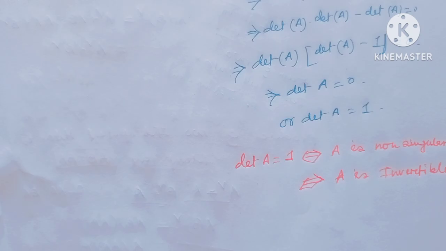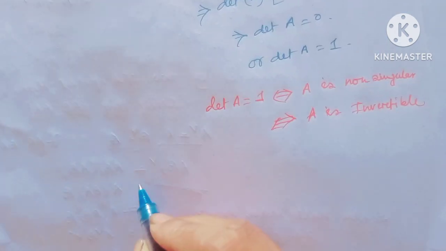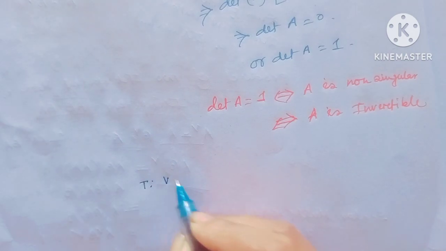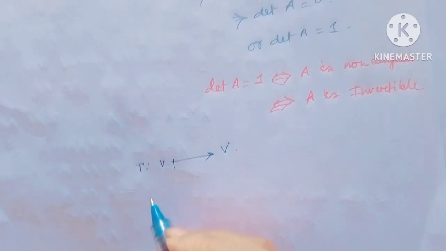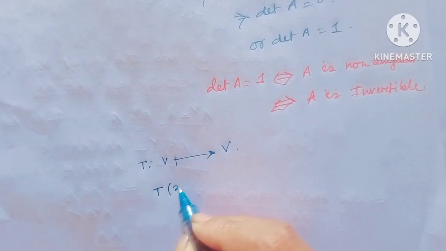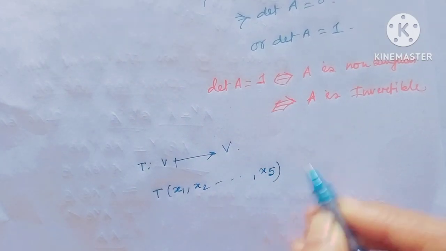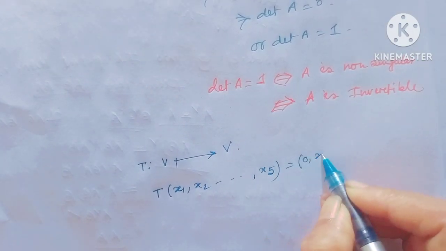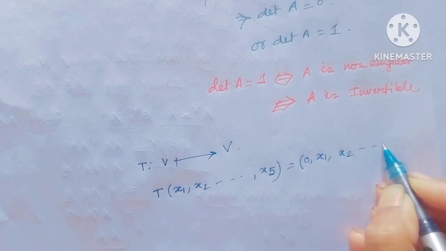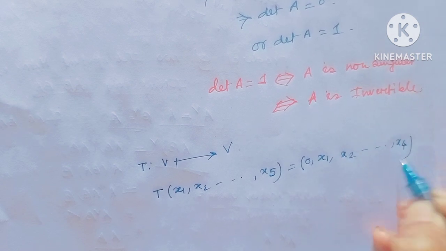One of these is a nilpotent operator and one is an idempotent operator. T from vector space to vector space, where the operator is such that T of (x1, x2, up to x5) equals (0, x1, x2, up to x4).